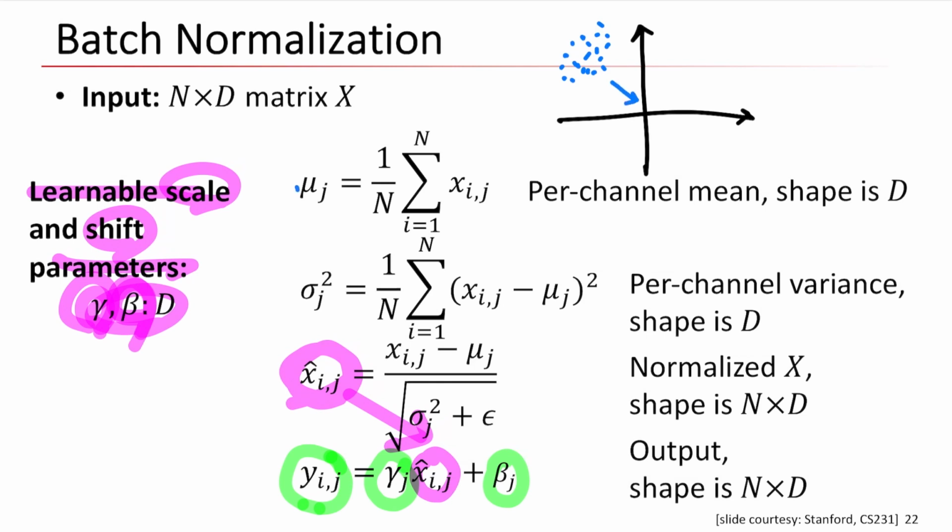By using this normalization, we can make this one in unit variance space. Then by using the gamma and beta, we can reshift this one to another space.